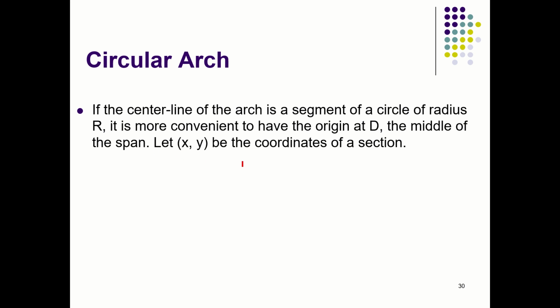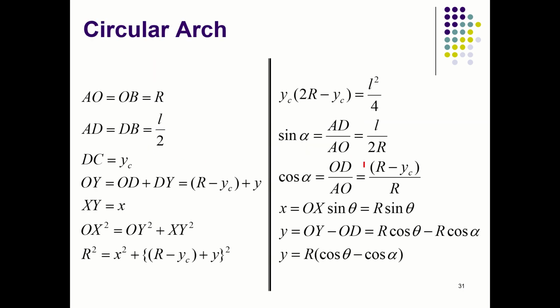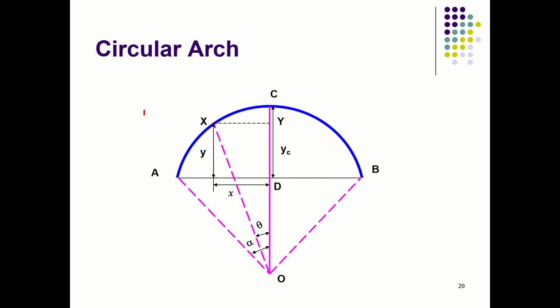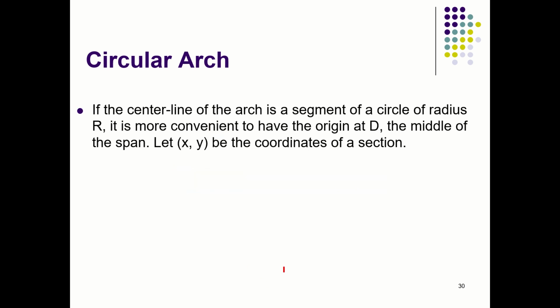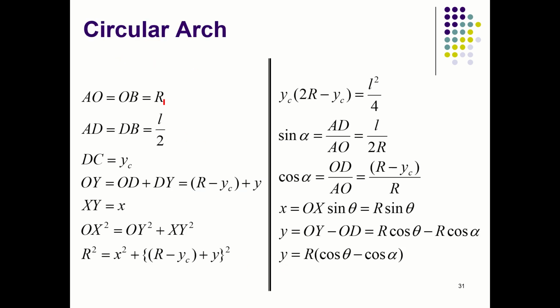So let x, y be the coordinates of a section. In this case, your OA and OB are equal to r. This is your OA and this is your OB, these are your two lines, and this is your radius r.